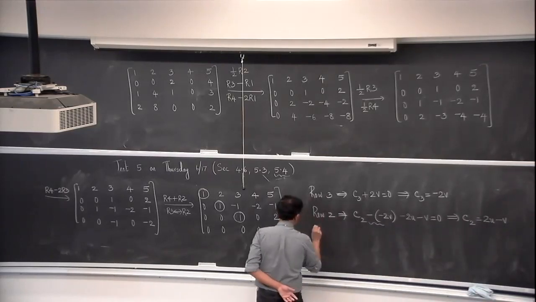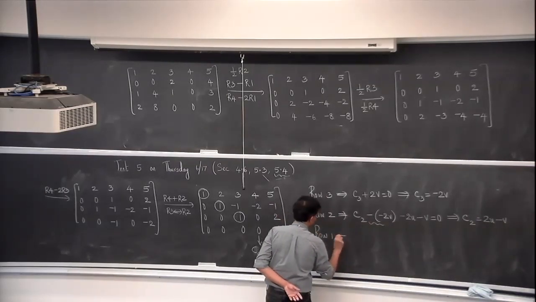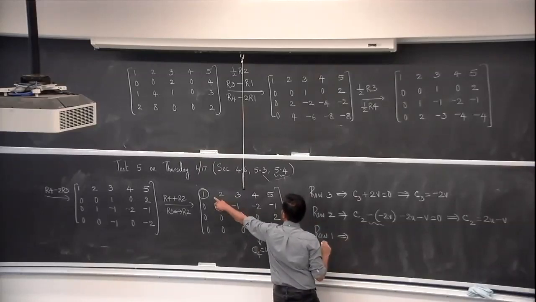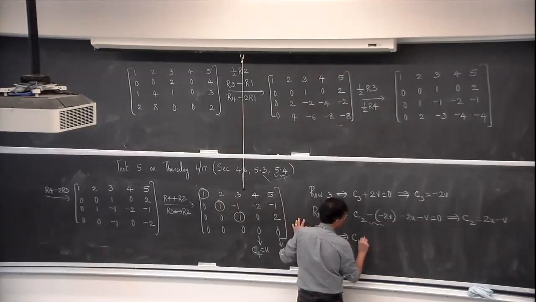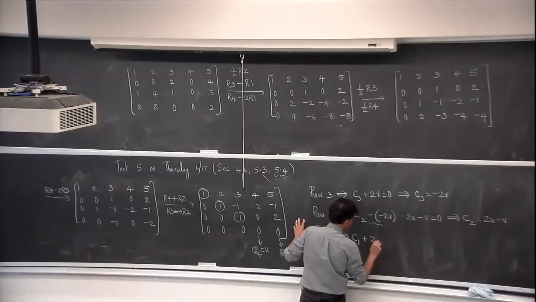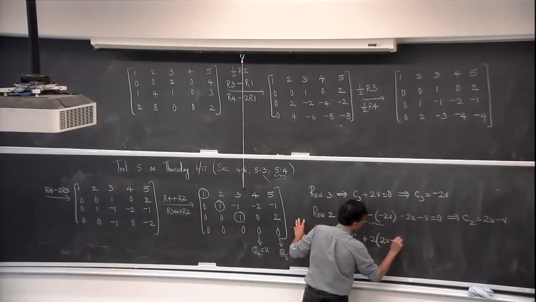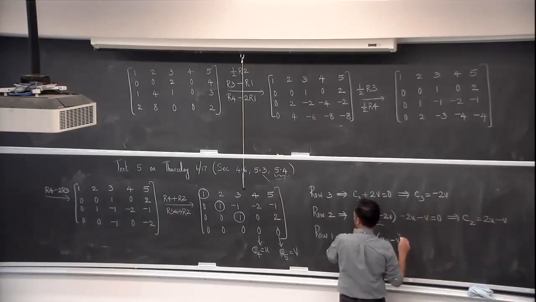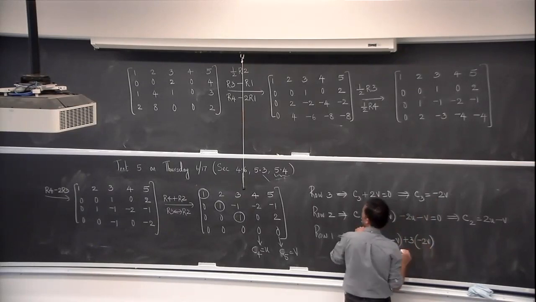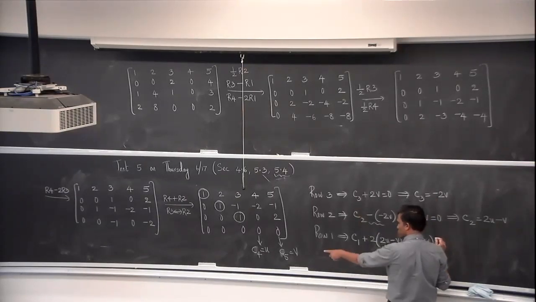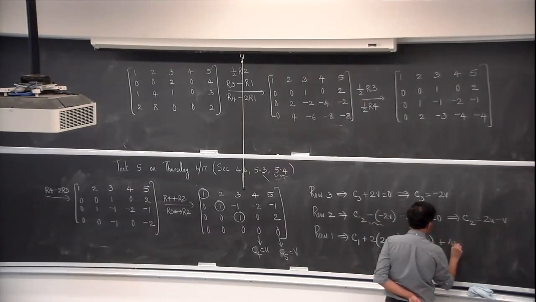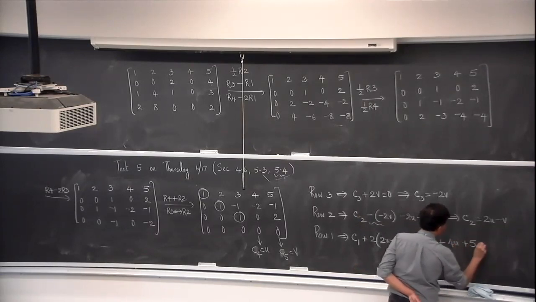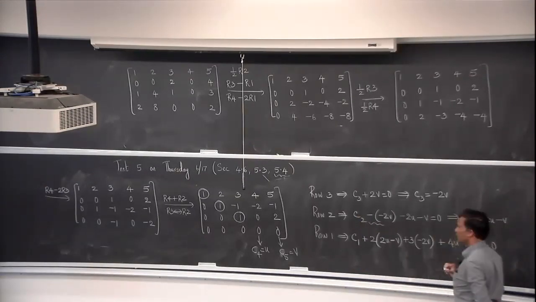And the worst of them all is row 1, which gives you C1 plus 2C2, which is plus 2 times 2u minus v, plus 3C3, that is going to be plus 3 times -2v, plus 4 times u, plus 5 times v, equal to 0.